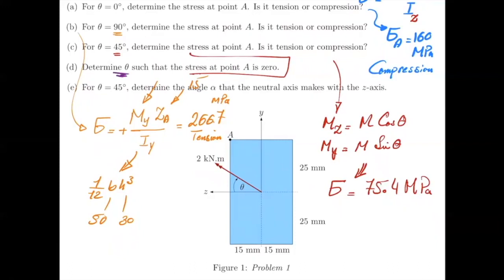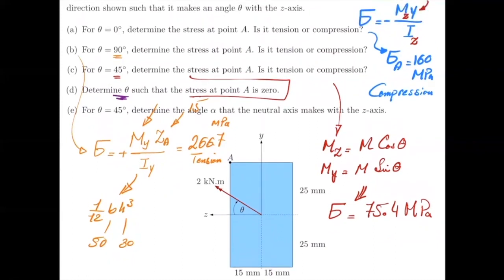Now, remember, if we just use these formulas that we had here, basically what it asks is that if you assume theta is unknown and you replace these formulas, so let's call this sigma 1 and this sigma 2.